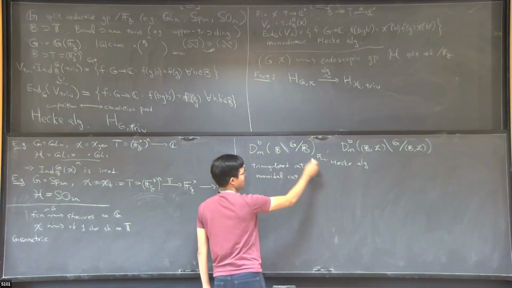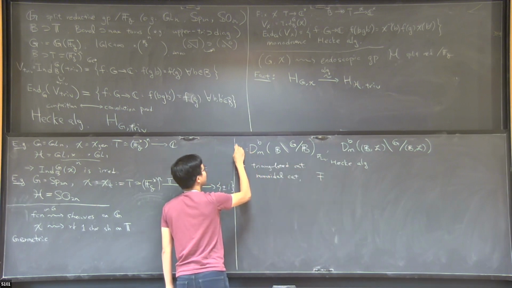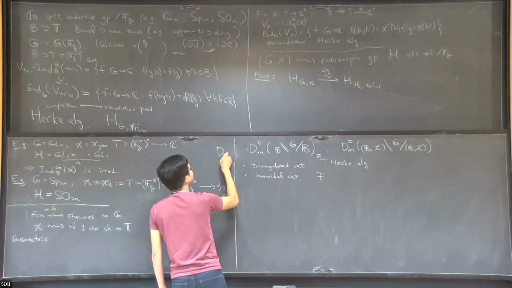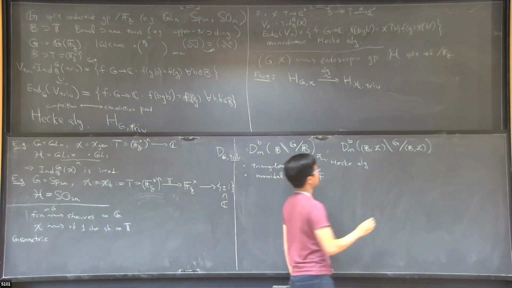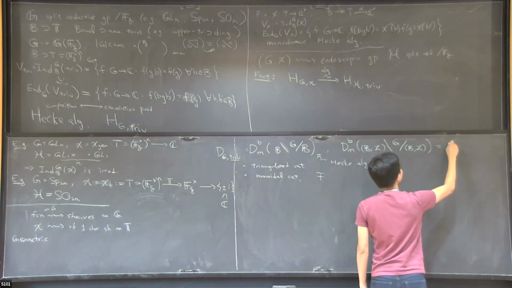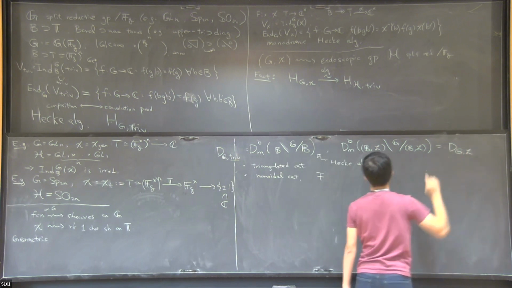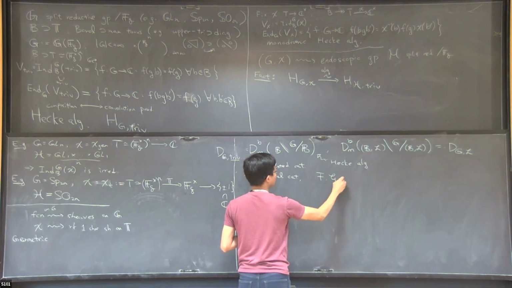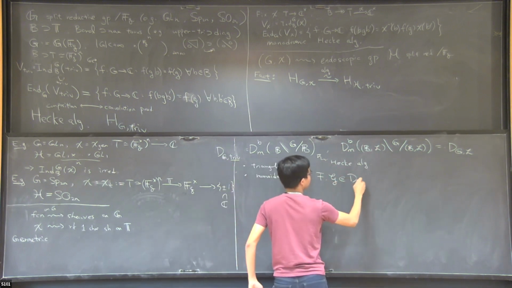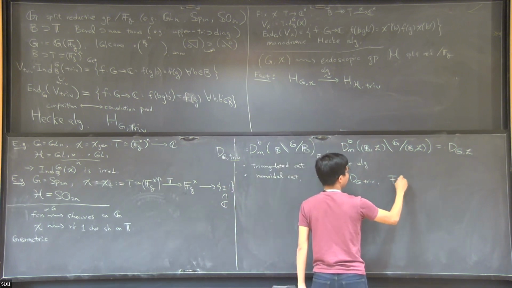Namely, if I have two sheaves on this category, the monodromic Hecke category, I could define a convolution product.